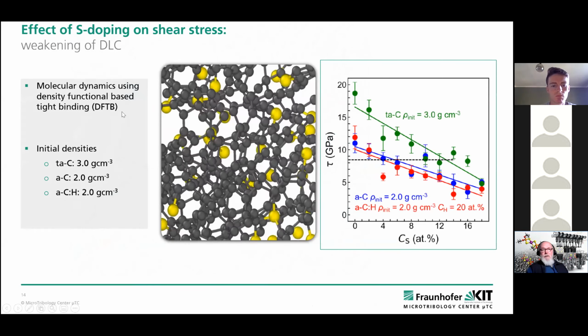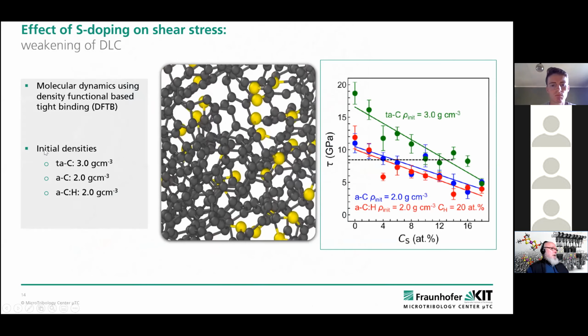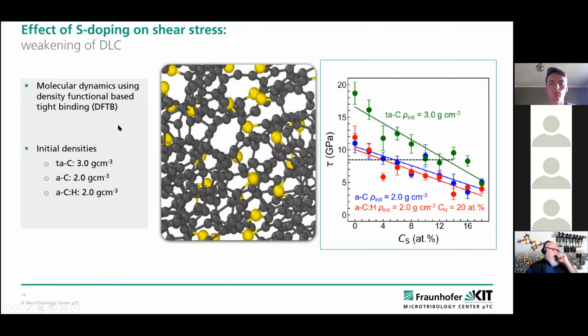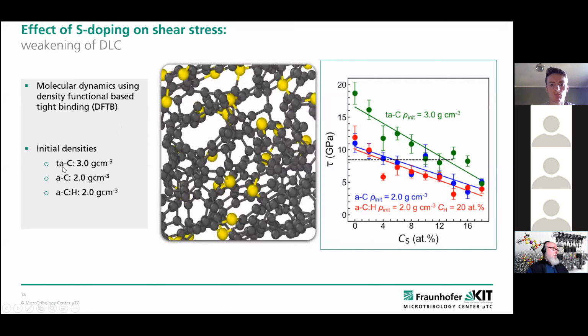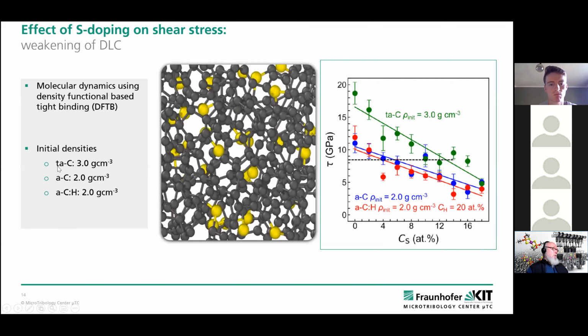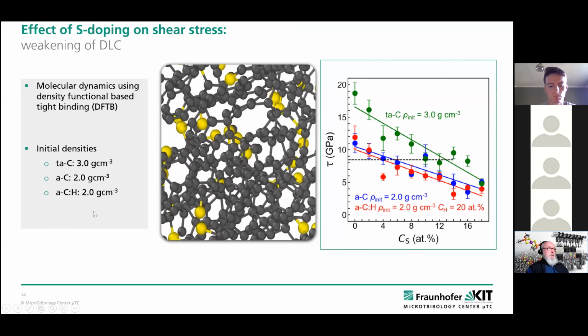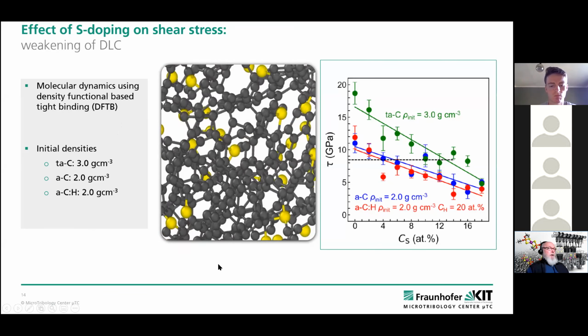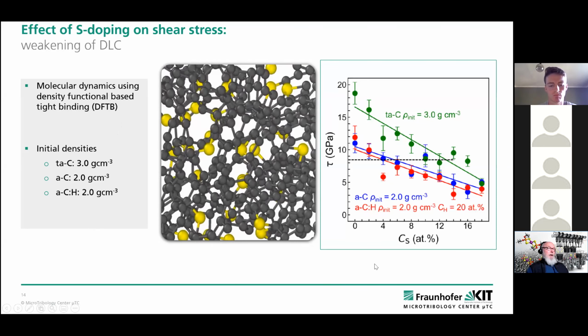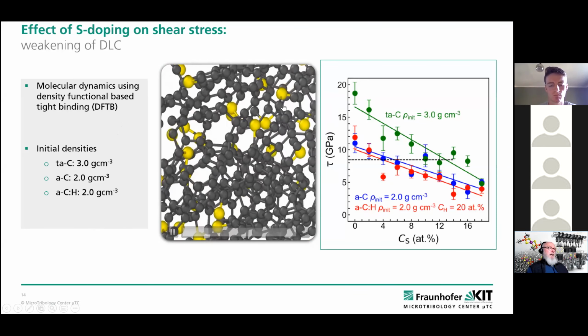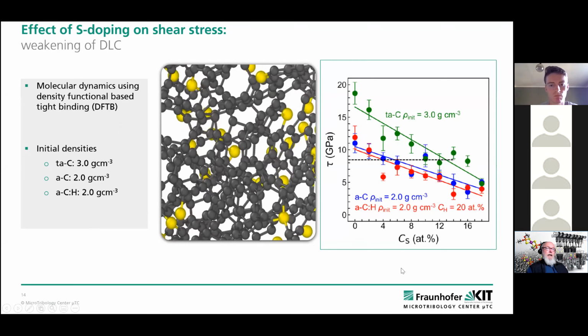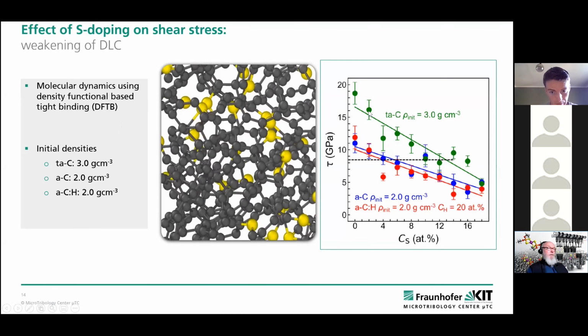We produced 3 different samples, one representative for TAC, one of AC, and one of ACH, with different densities. We used a quenching protocol to produce the samples, where we also introduced a certain percentage of sulfur. And here is now the shear stress you need to drive this motion as a function of the sulfur concentration.